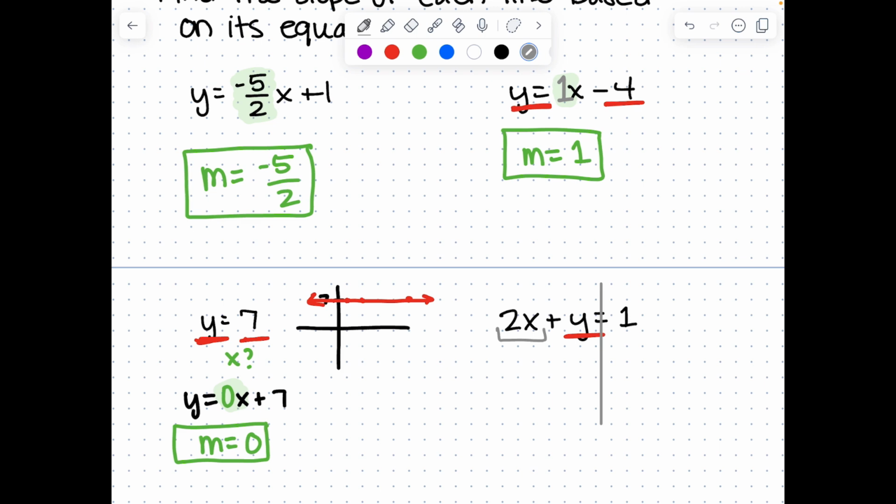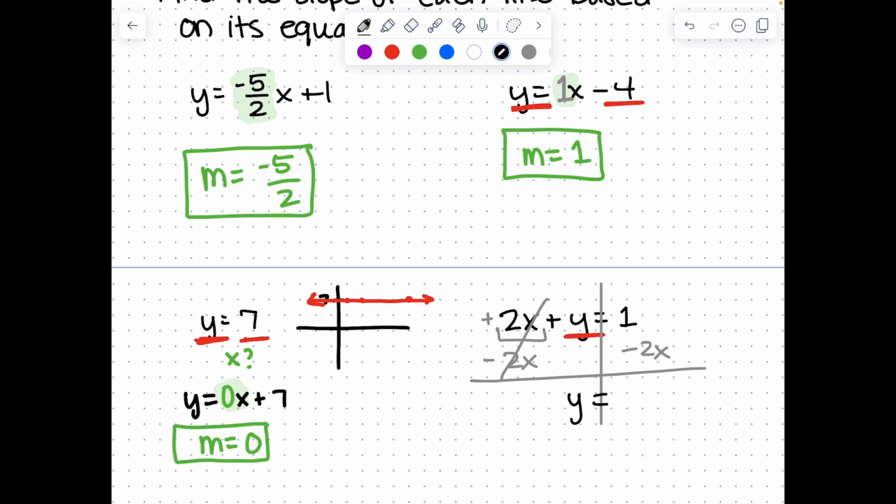And terms we move or remove by adding and subtracting. So since this is a positive 2x, the easiest way to get rid of it will be to subtract 2x. Now, it does mean I have to subtract 2x on the other side. But on the left, if I had 2x's and now I've taken away 2x's, that will cancel to 0, leaving us with just y, which is perfect.